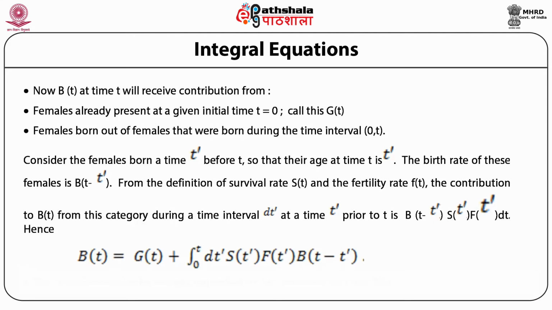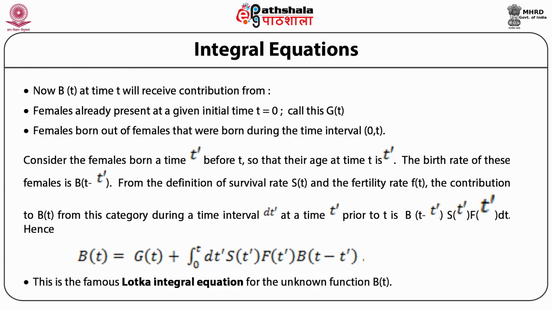Hence, the population at time t, B of t, is equal to g of t plus the integral of S of t prime, f of t prime, B of t minus t prime, integrated over t prime from 0 to t. This is the celebrated Lotka integral equation for the unknown function B of t.